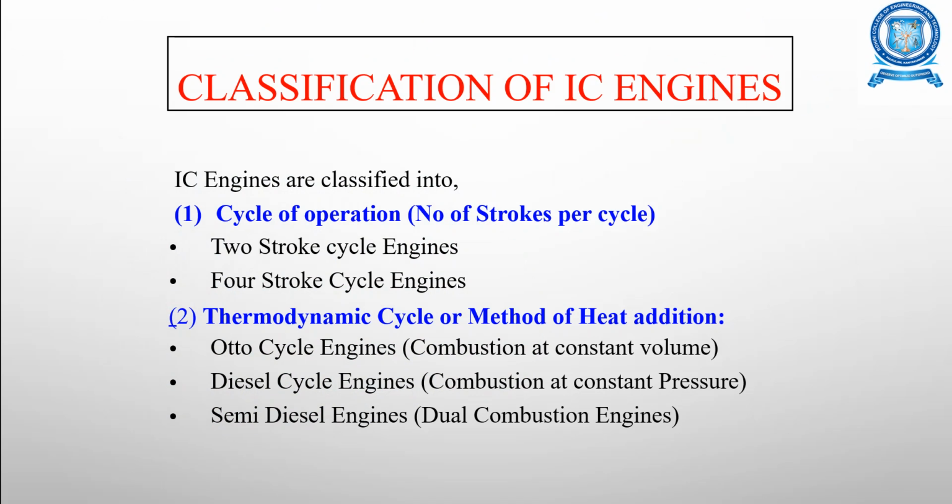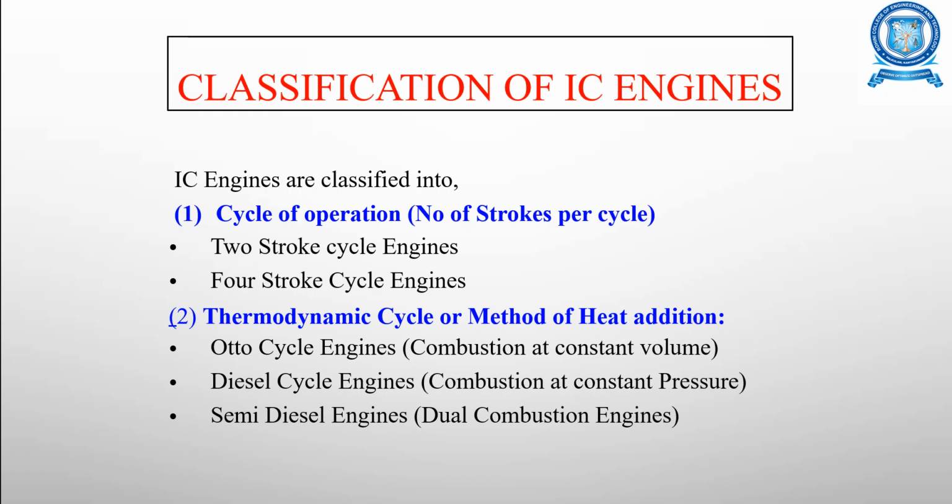and classification of IC engines. So IC engines are classified into the following types, like based on the cycles of operations, that is number of strokes per cycle. So you call as 2-stroke cycle engines and 4-stroke cycle engines. And the second, engines are classified based on the thermodynamic cycle or method of heat addition.